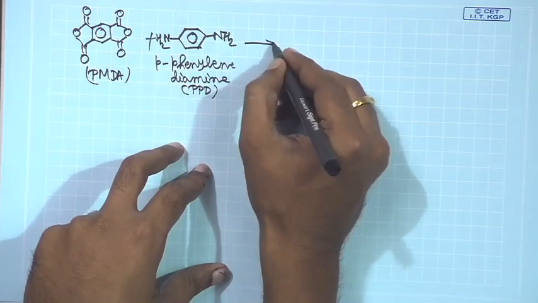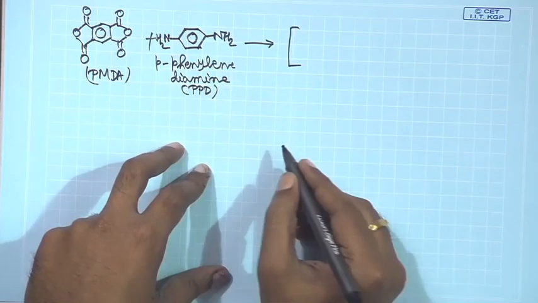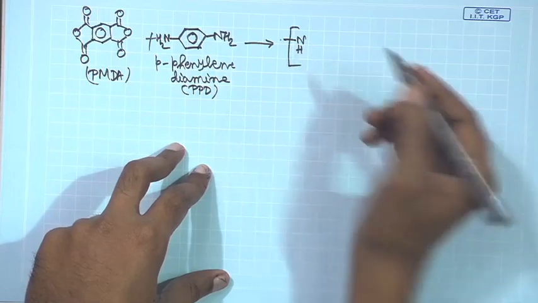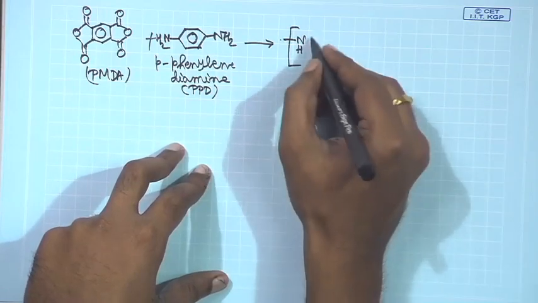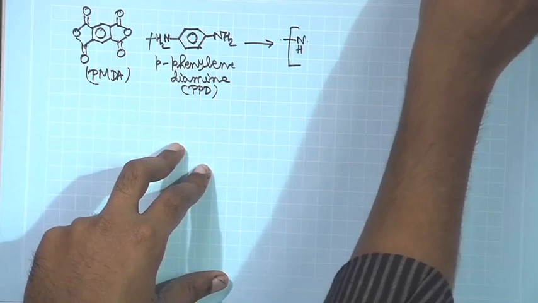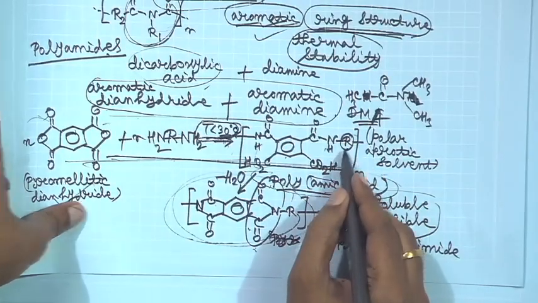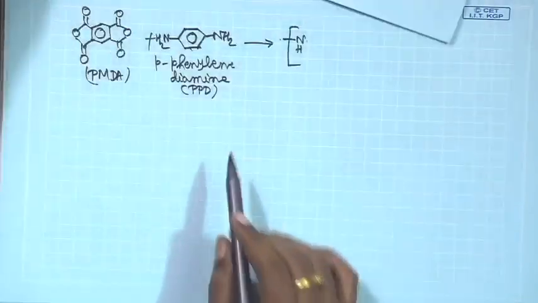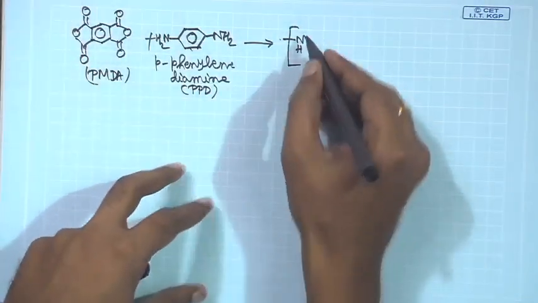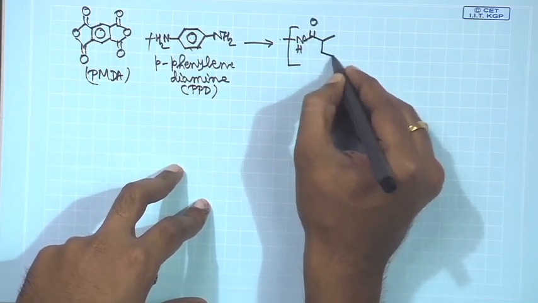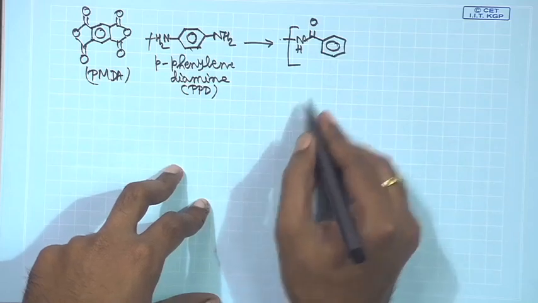And when you prepare the polyamic acid, what is the structure of this polyamic acid? It will be something like this. So, instead of R here, you will have this aromatic ring. If you remember the general structure, it is not difficult to find out what is the product. I am not drawing the carbons here, but carbons are there, you could put also.